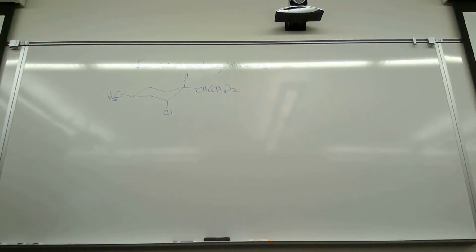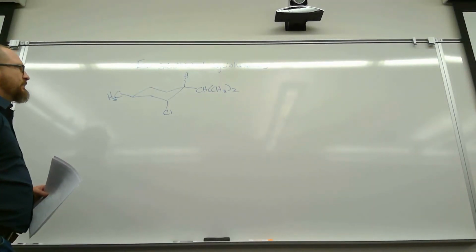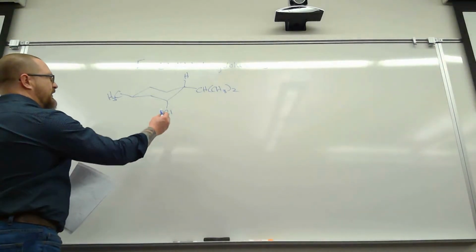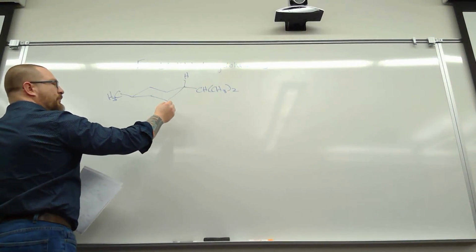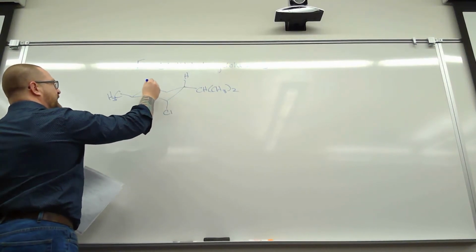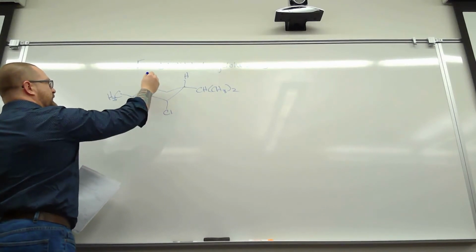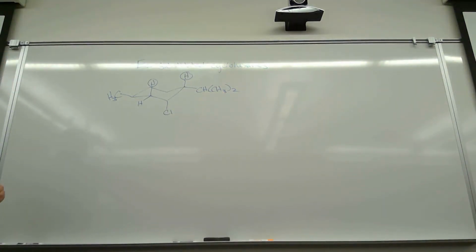And if we were evaluating whether or not this could do an E2 reaction, what do you guys think? E2 reaction, yes or no? Yes. Okay. Because we have a hydrogen which can leave, and we have a chlorine which can leave. So what product should be formed, predominantly?